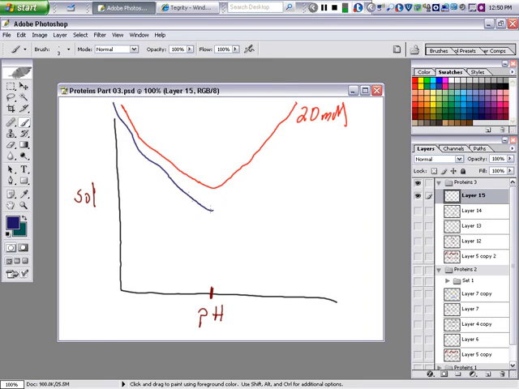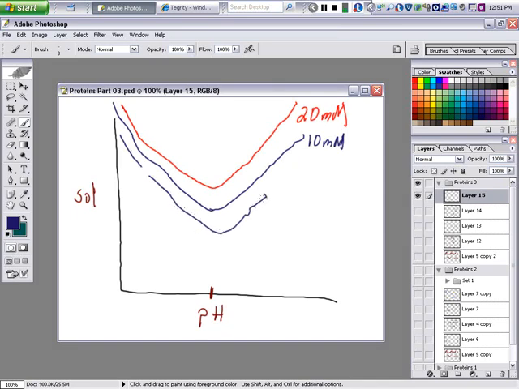And then as it leaves the isoelectric point, you're going to have more charges, and it's going to be soluble again. And this is the 10 millimolar solution. Because it's not as ionic, not as polar, it's not going to be as dissolvable. And then if you go to 1 millimolar, it's going to be less dissolvable.